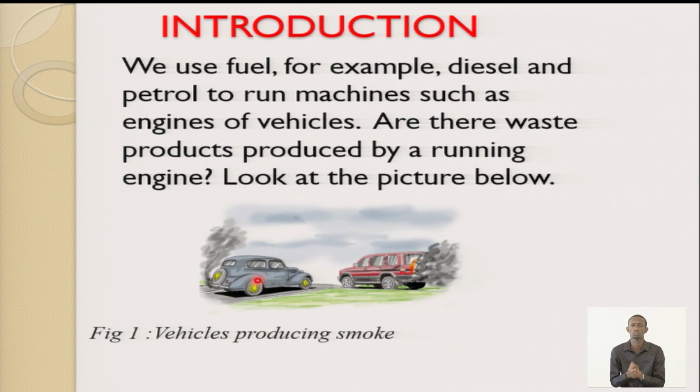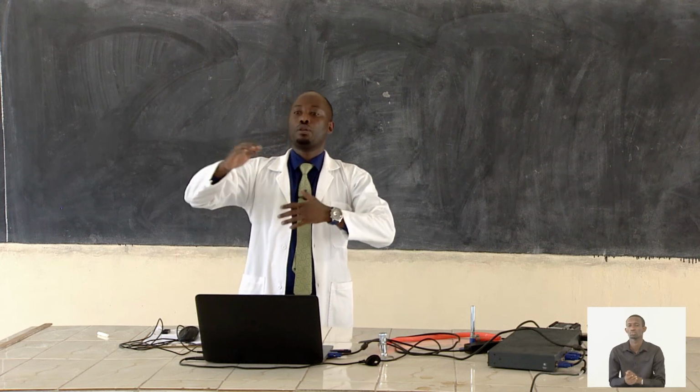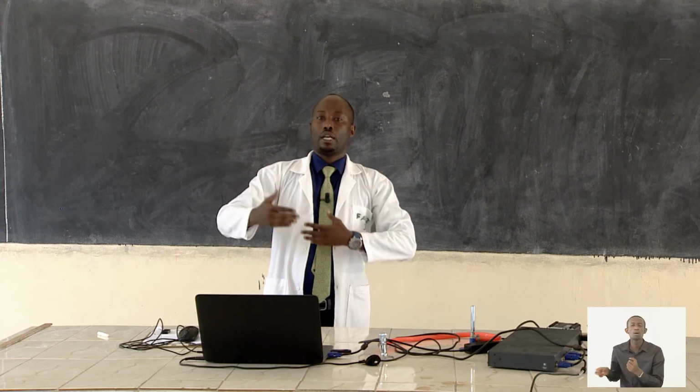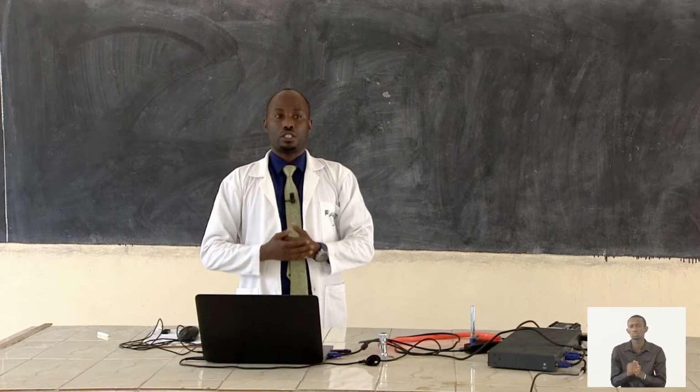So why do these cars have to remove these waste products from their pipes? Because if these waste products are not removed, they will affect their metabolism. They will affect their running activities. So they need to remove these waste products so that they perform their functions effectively.